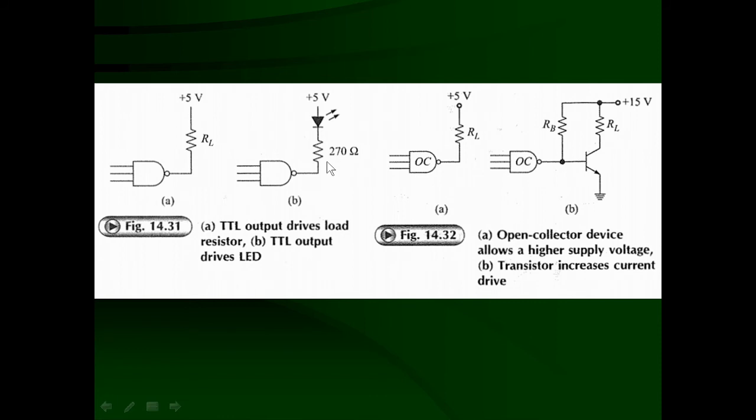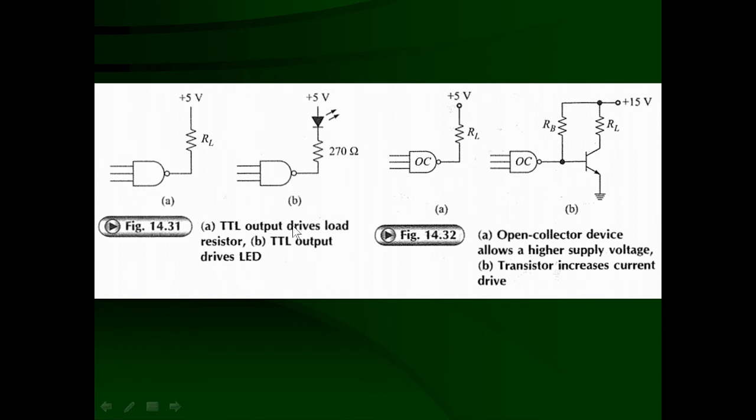So V upon R, 3 upon 270 ohms, that is equal to 11.1 milliampere current passing through this one, which is well below the maximum sinking current of 16 milliampere. So no problem. That is the reason 270 ohms is connected. Otherwise, more current will be passing, and this output of the TTL can be damaged.